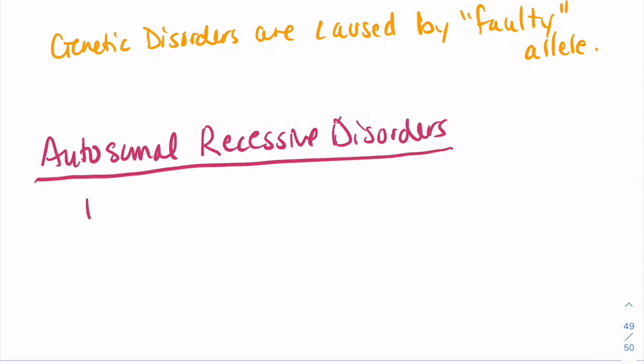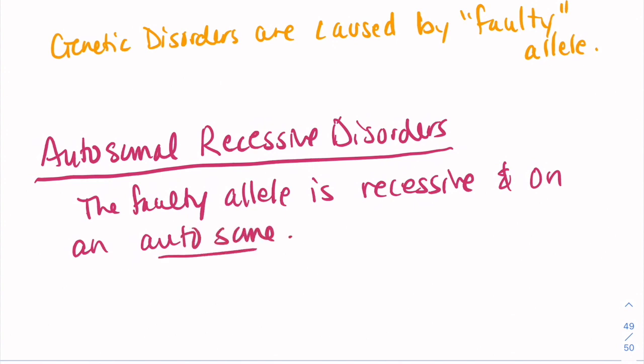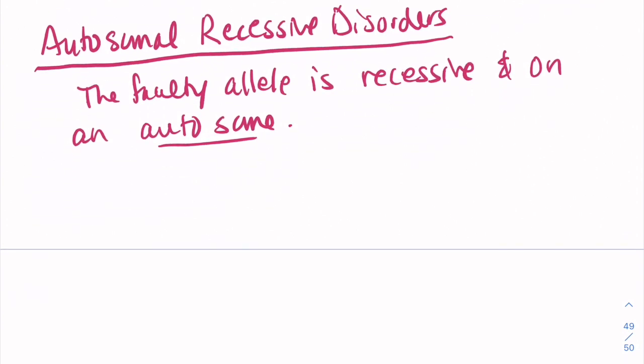So this is where the faulty allele is recessive and on an autosome. An example of an autosomal recessive disorder is something called cystic fibrosis.